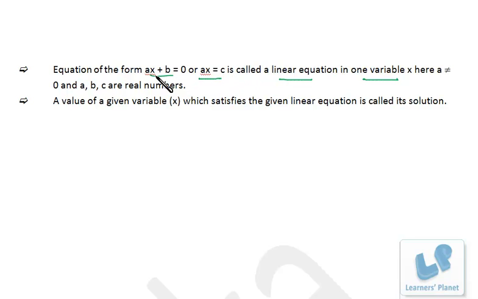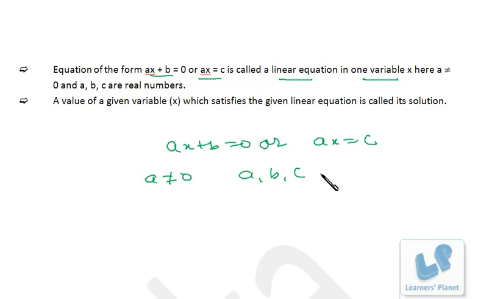And where a, b, c, here a should not be equal to 0, because in that case the variable will be multiplied by 0, so that it will not form a linear equation, right? So a should not be equal to 0 and a, b, c should be real numbers, right? So this is what a linear equation in one variable is, right?